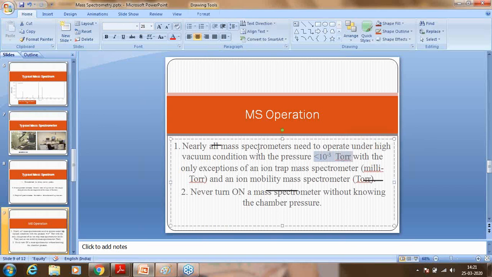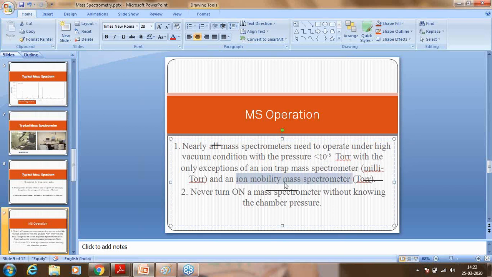Okay, so nearly all mass spectrometers need to operate under high vacuum with a pressure less than 10 to the power minus 5 torr, with the exception of two kinds of spectrometer, which can operate at more than 10 to the power minus 5 torr. The examples are the ion trap mass spectrometer as well as the ion mobility mass spectrometer.